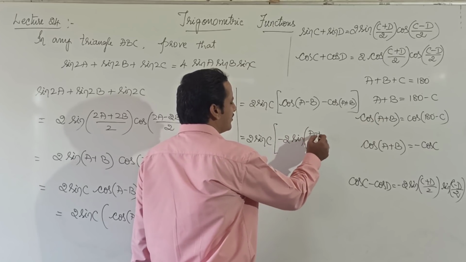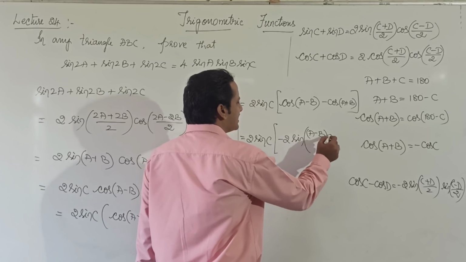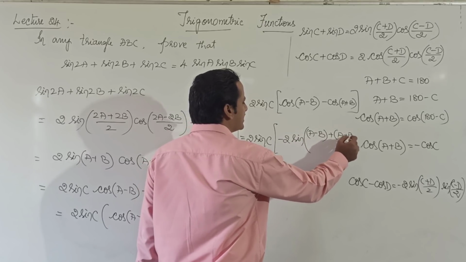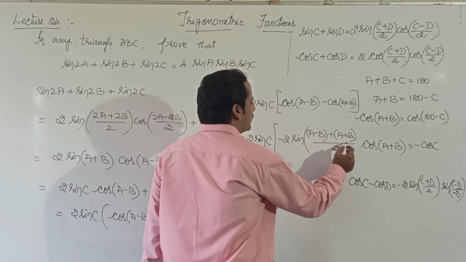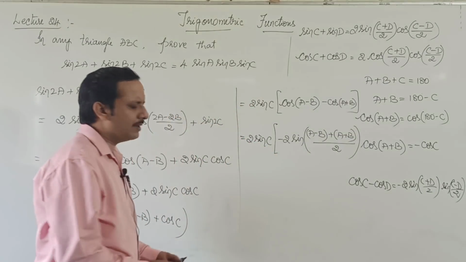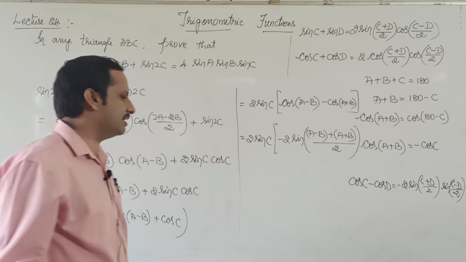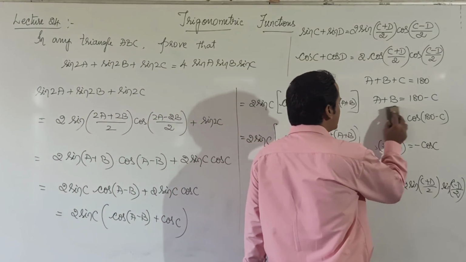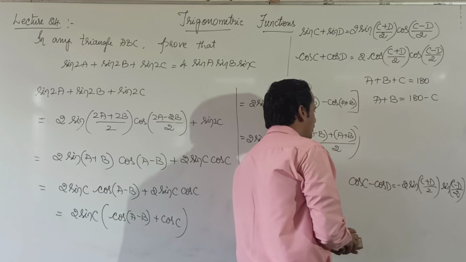What is C? A minus B plus D, that is A plus B divided by 2.